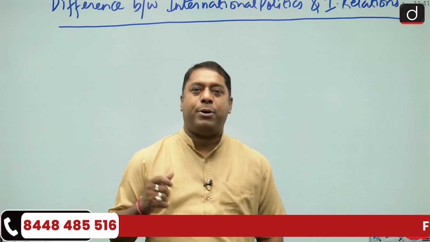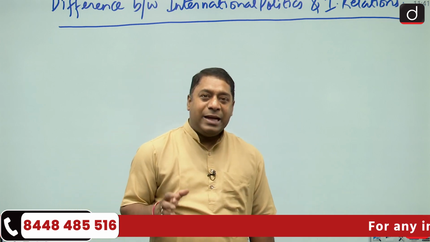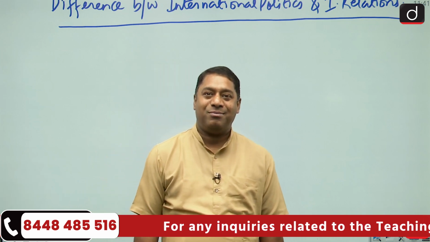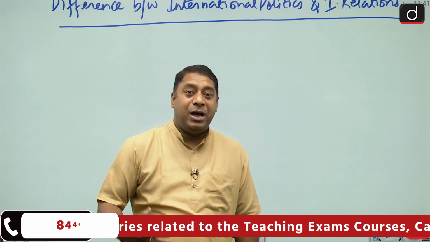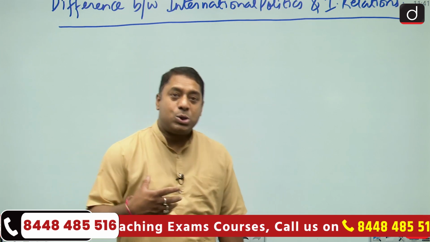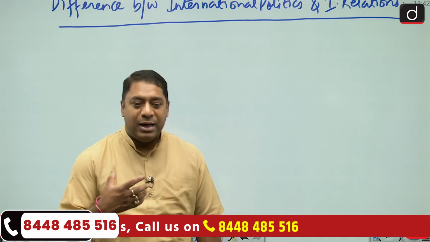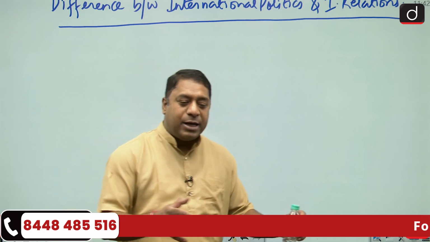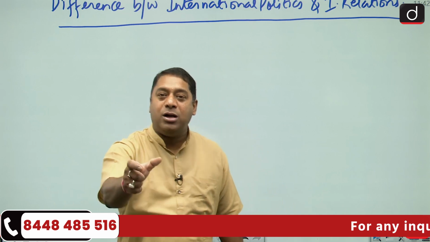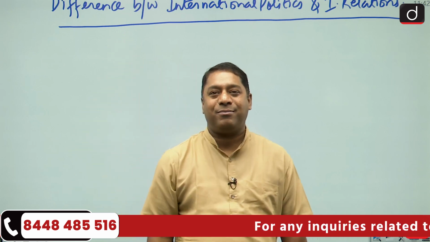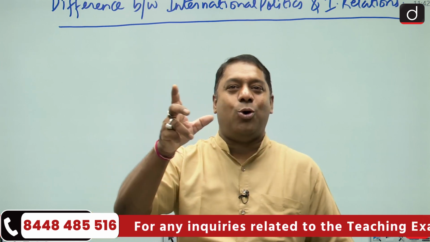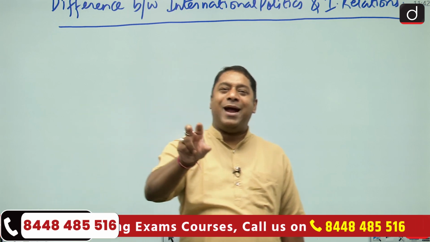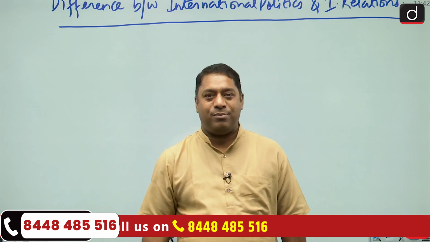इफ यू गो बाय द स्कोप, देन इंटरनेशनल रिलेशंस इट्स मच वाइडर इन स्कोप. क्यों? बिकॉज इंटरनेशनल रिलेशंस इट डील्स विद political, non-political, social, economical, cultural, legal, government, non-governmental relations. जबकि international politics, it's only concerned with the struggle for power. तो अगर स्कोप की बात करोगे तो international relations has a wider scope as compared to international politics. ठीक है?